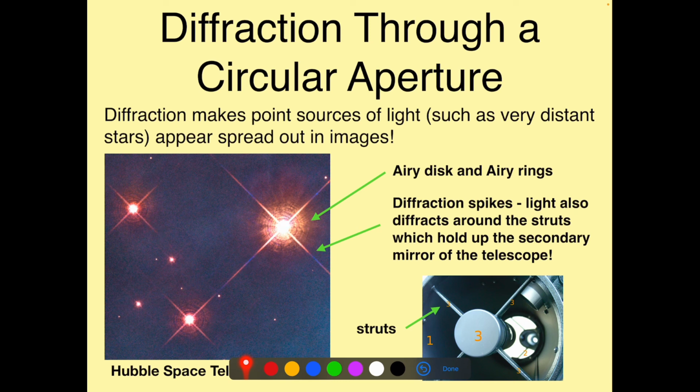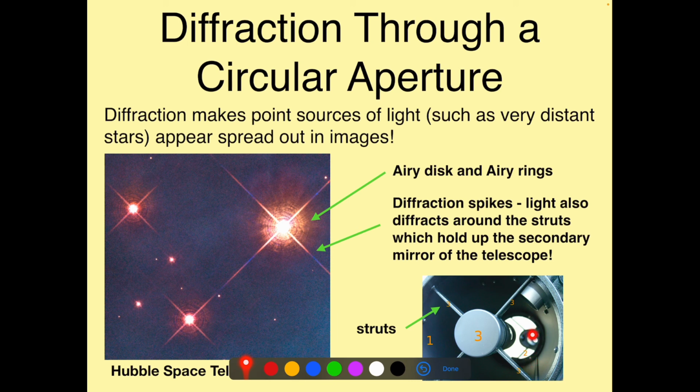Now, the reason for that is when light comes into the telescope through the aperture of the telescope, it has to diffract around the struts that hold up the secondary mirror of the telescope. So here's the idea. This is the aperture of the telescope. This is the opening that the light comes in through. After it comes in through there, it reflects off the primary mirror, which is this large mirror in the back of the telescope.